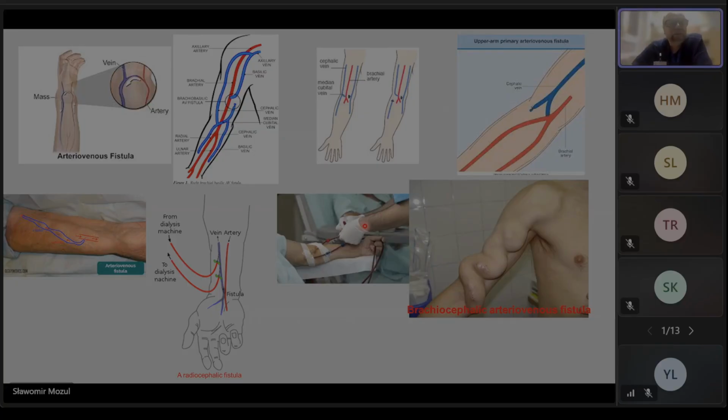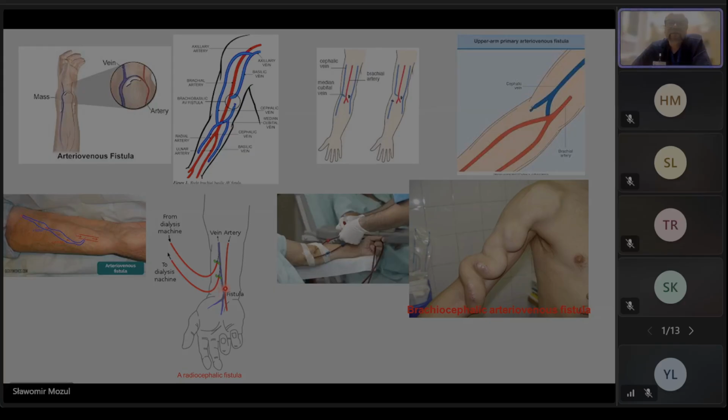In this slide, you can see different arteriovenous fistulas located on the forearm, the upper arm, and the antecubital fossa. We see a diagram showing how a fistula is cannulated.